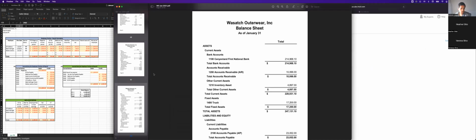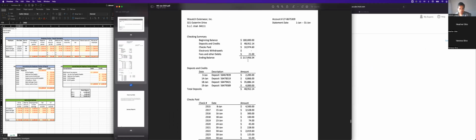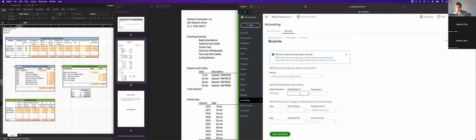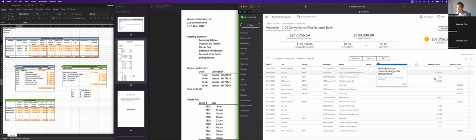We'll have January ending balance. This is our bank statement. We have this ending balance, 217, in January of 2022. And you have start here. And you have all this activity.